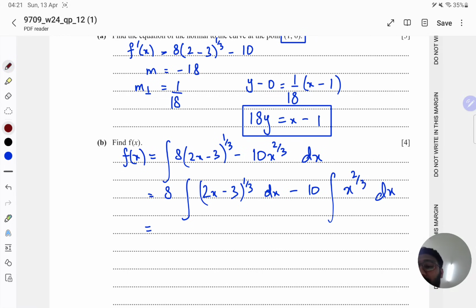For the bracket portion, the differentiation of the bracket has to be there before the bracket, so that I can do the integration.